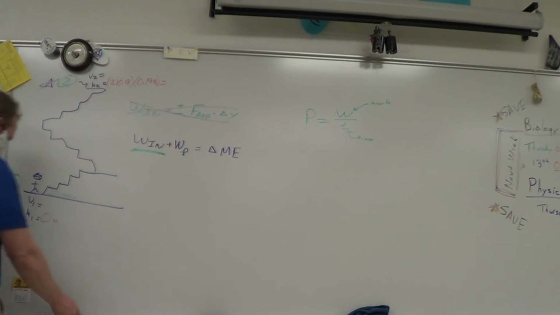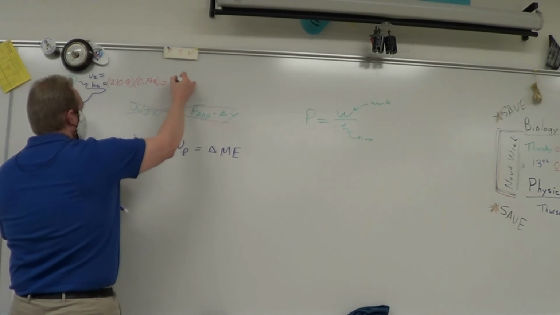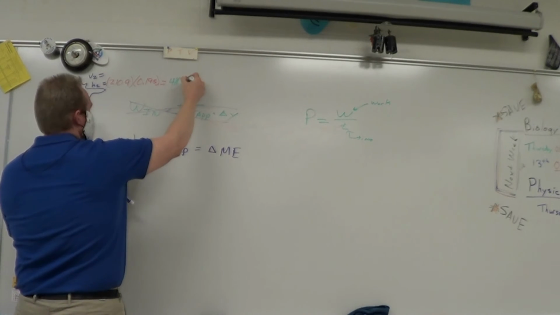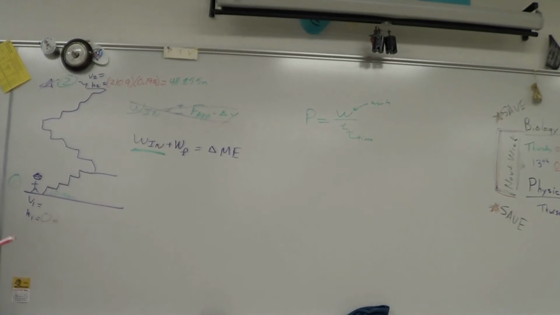So Matthias climbs a total of 411.255 meters. It's a little bit more than once around the track. He goes straight up, is what that ends up being. Right, track is 400 meters. So we now know our H1 and we know our H2.